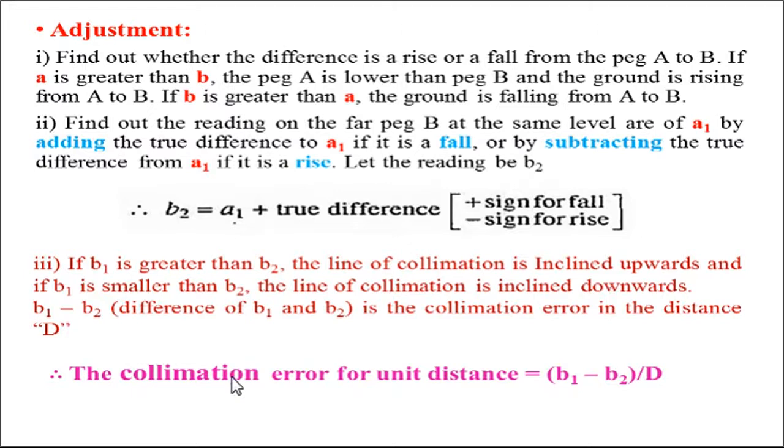That is, we find the difference B1 minus B2, and this is nothing but the collimation error in the total distance, capital D. And then the collimation error per unit distance is equal to B1 minus B2 divided by the distance between A and B, that is capital D. Okay, next slide.